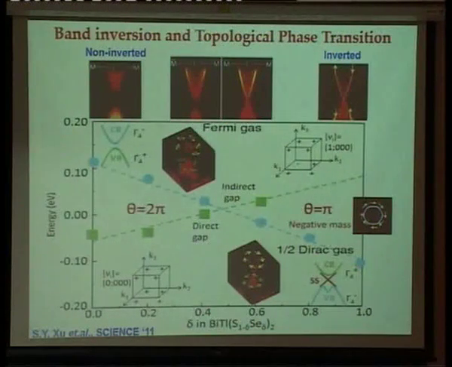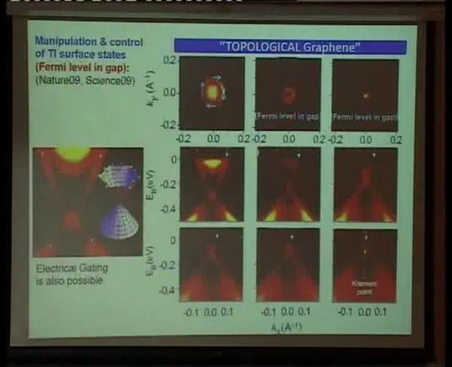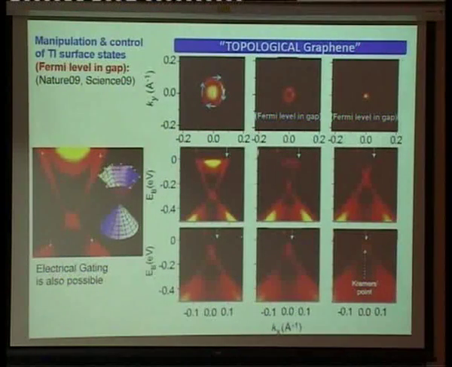Now, one thing is that to get to the bulk boundary correspondence, yes. What do you change between? It's like effective gating. We're chemically gating the surface, lowering the chemical potential, so that my chemical potential is inside the gap. So this corresponds to this one. And you change the chemical potential by doping?